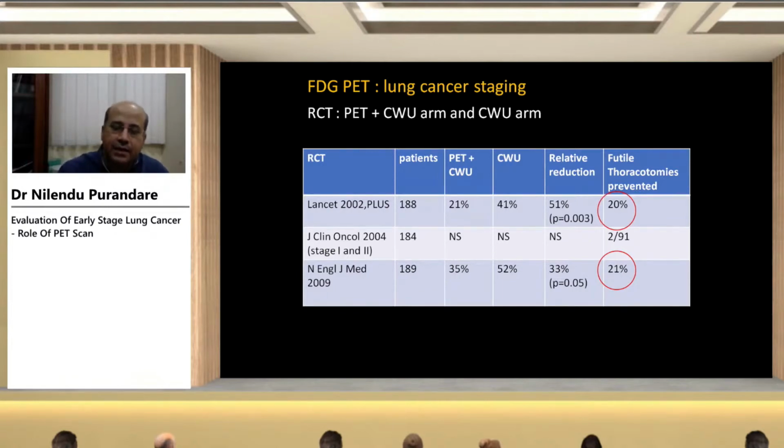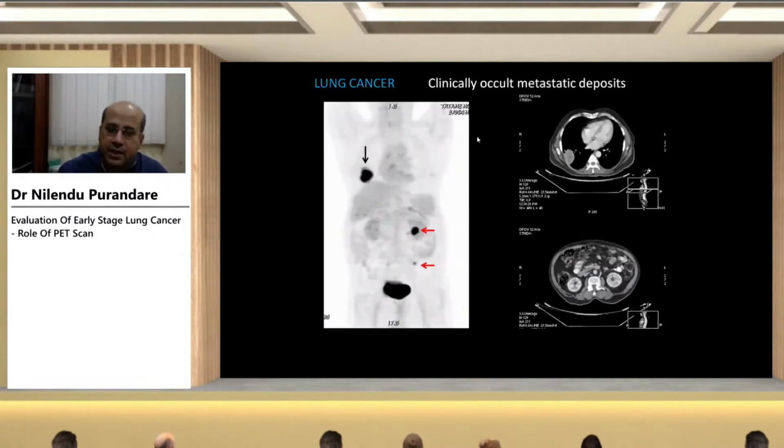Because of these early randomized trials, which showed clearly a change of management in the PET group, and the subsequent trials which also showed a clear-cut advantage of PET in staging of lung cancer, PET has been a part of most guideline recommendations. So this is an example of a T2 lung cancer which, by virtue of its size, looks eminently operable. CT scan also did not reveal anything. When a whole body PET scan was done, you can see uptake at the primary site, but you also see these two small foci in the abdomen.